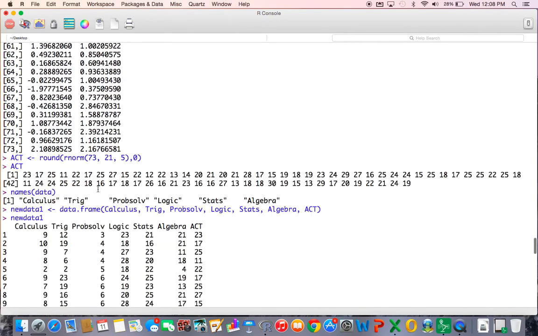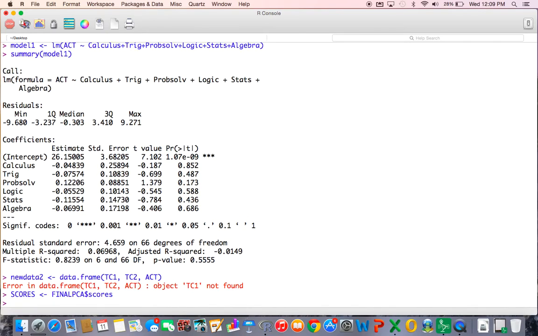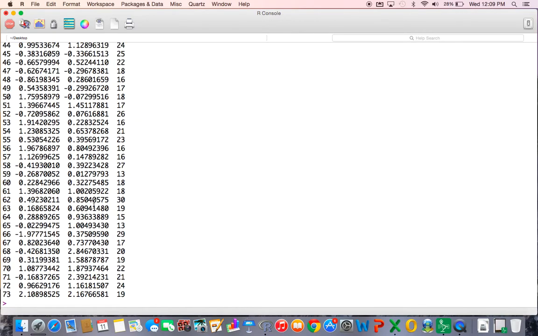Final PCA scores. All right, let's save these as new data. I'm not even sure this is going to work. Yeah, okay.